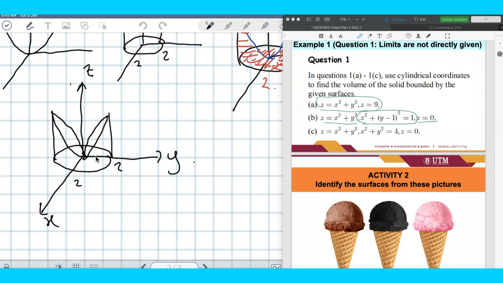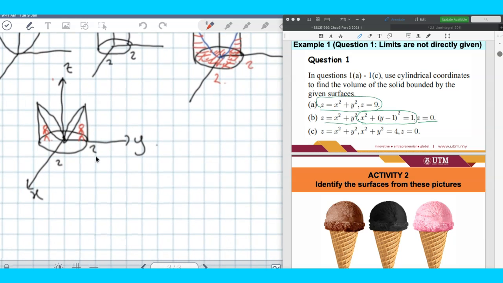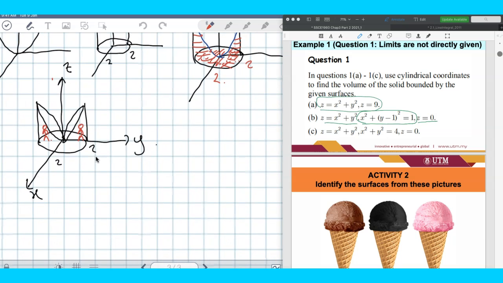Imagine you are standing inside this, or flying inside this. Now your region is lying on the xy plane, so your dV is dz dA xy.